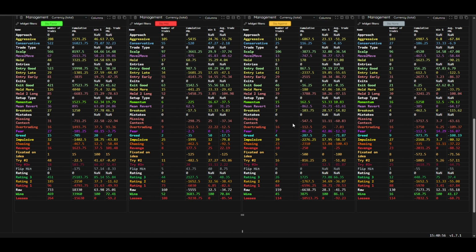See, I need to wait for there's a reclaim advantage here. Yeah, I'm going against a reclaim. This one doesn't have it.